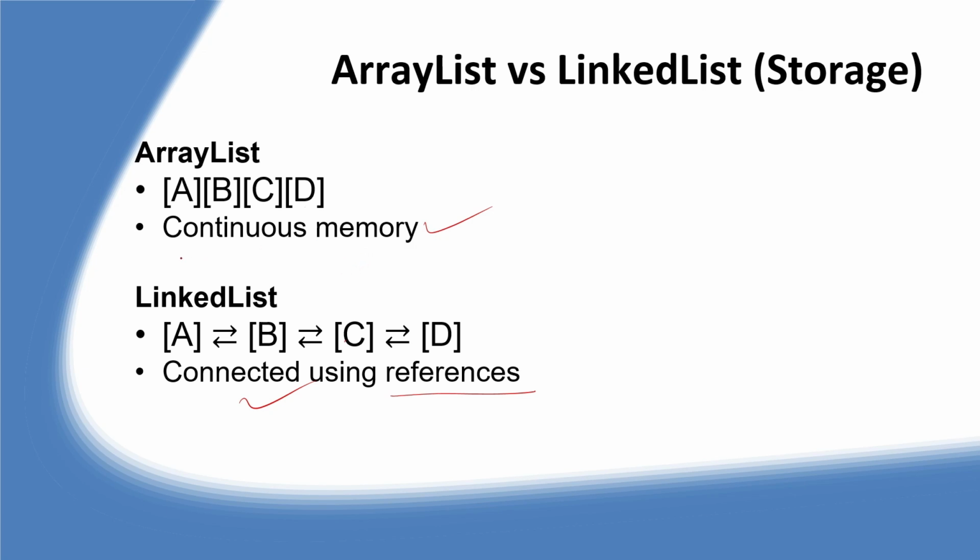ArrayList will store data in continuous memory, and linked list stores data, or you can say elements, as separate nodes, connected through references. This difference affects their performance.